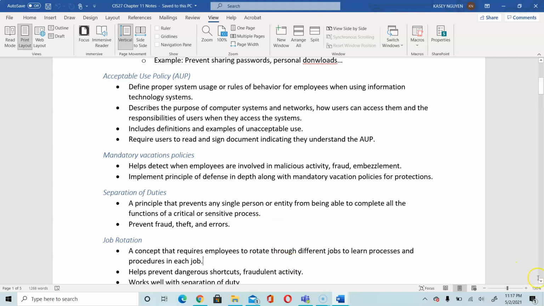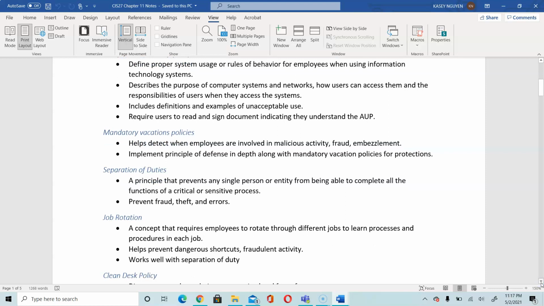And another area that we can look into is job rotation. The concept of job rotation would require employees to rotate to different positions and learn processes and procedures in each job. So as they do that, errors might be detected, fraudulent or theft activity might be detected.